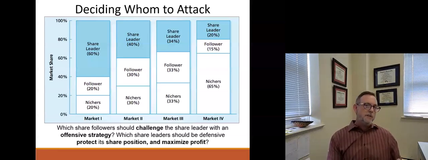So if you could do some things, like imagine if you could invest in or purchase up or buy up some of your followers and some of the nichers, so that you could roll their share into your share. That might be a strategy that you want to do. So mergers and acquisitions might be ripe for this type of environment, where you can protect yourself by taking those opponents off the board, basically.